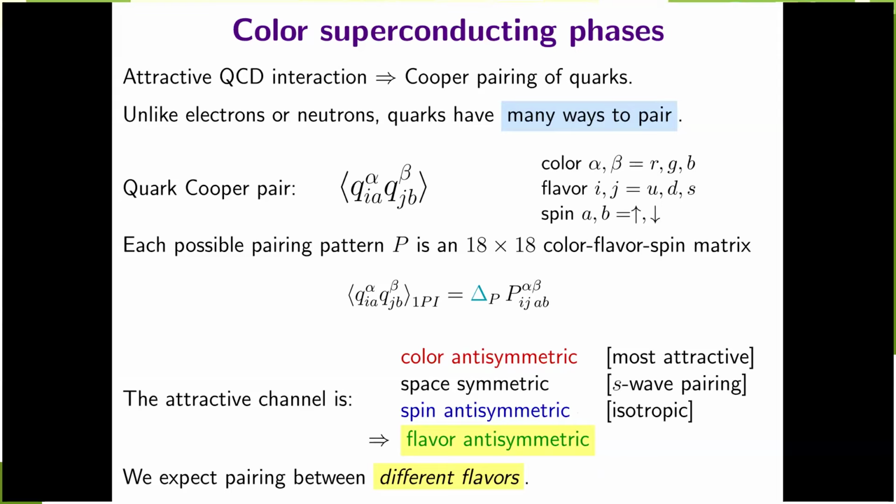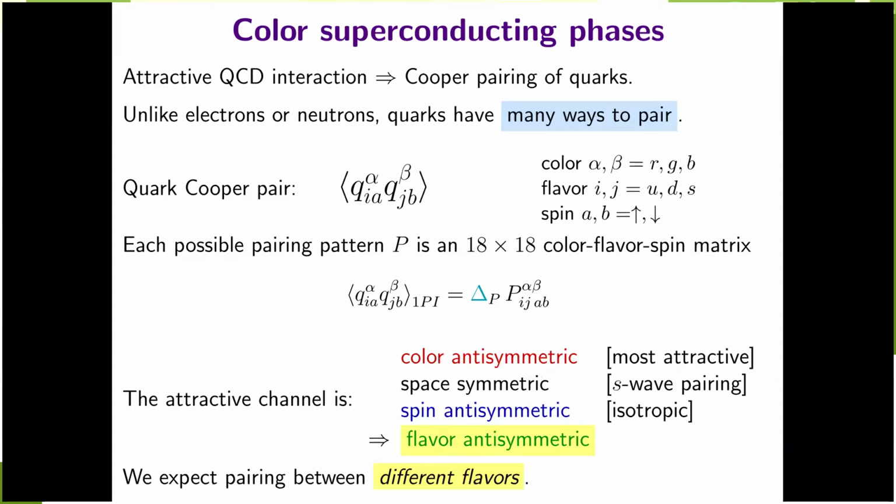So that's antisymmetric. So just on grounds of some combination of knowing a little bit about color, about the strong force, and being prejudiced against breaking rotational invariance, you can guess that the favored, most attractive channel is color antisymmetric, space symmetric, and spin antisymmetric. And with fermions, their overall wave function has to be antisymmetric, right? That's a principle of construction of fermion wave functions. The wave function has to be antisymmetric overall.